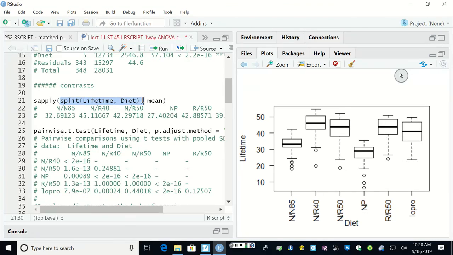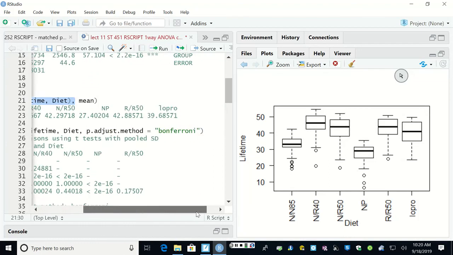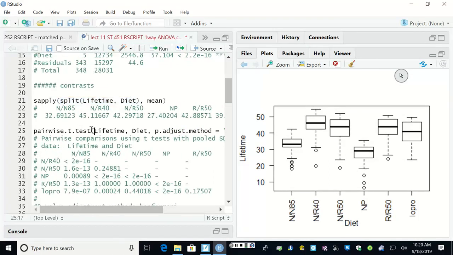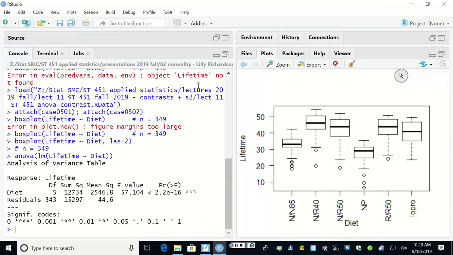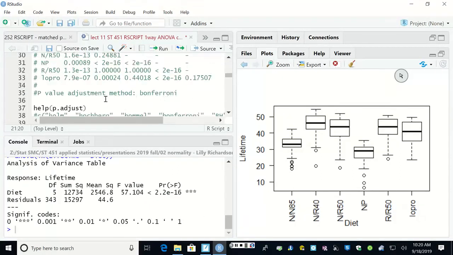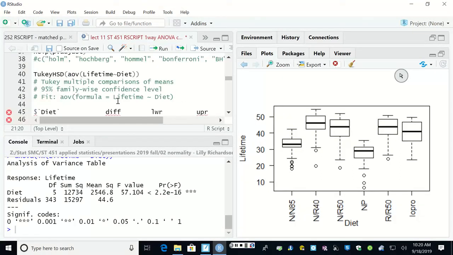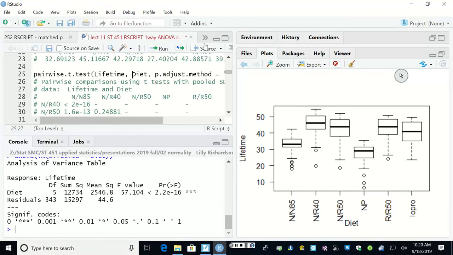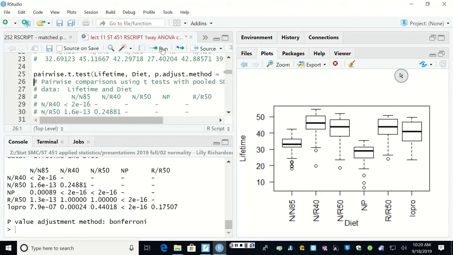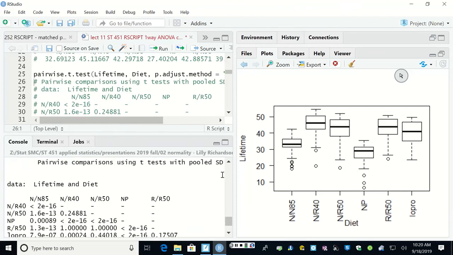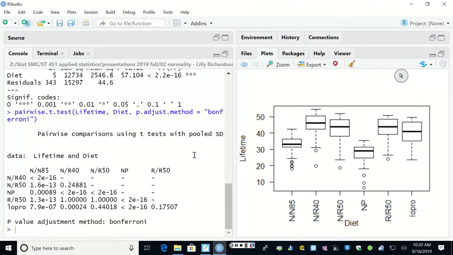There is a pairwise t-test option in R. That's where it goes, and it gives you the output you have there. Pairwise comparison using t-test with pooled standard deviation.